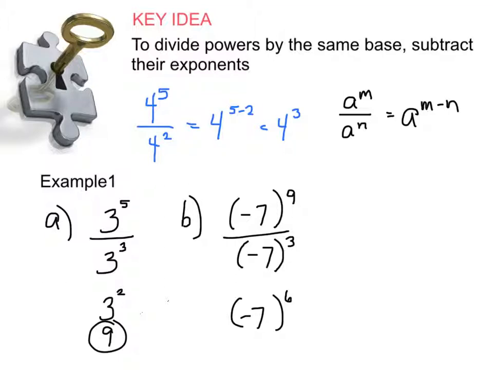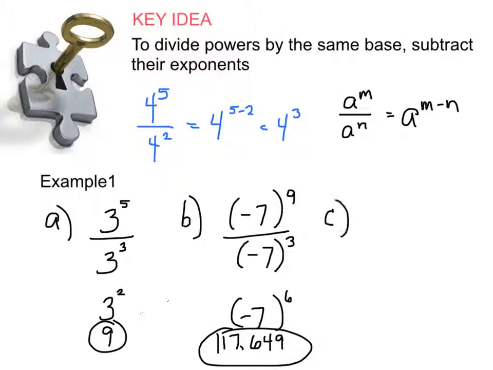Now, if you took negative 7 to the 6th power, well, 7 times itself 6 times gives me 117,649. Now, is it negative? No. The reason is because I have an even power.